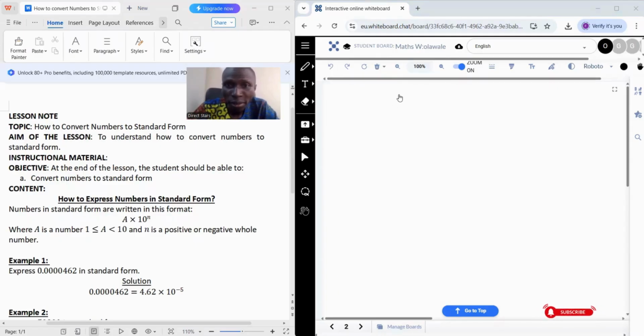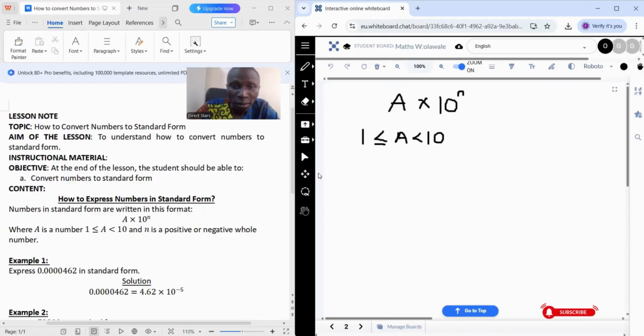We have a times 10 raised to power n, where a is a number that is greater than or equal to 1 but less than 10, and n, which is the power, is a positive or a negative whole number.